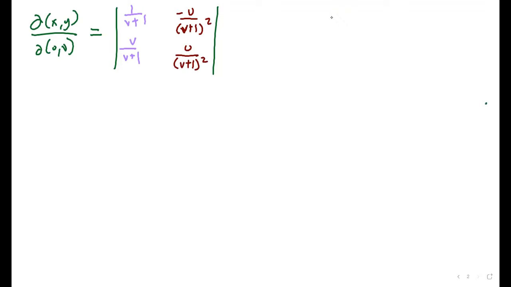Okay, so when we compute this 2x2 determinant, we get top left times bottom right. So it will be u over, and there will be 3 copies of v plus 1 downstairs. Minus times that minus will give us a plus uv upstairs. And then downstairs will again be 3 copies of v plus 1.